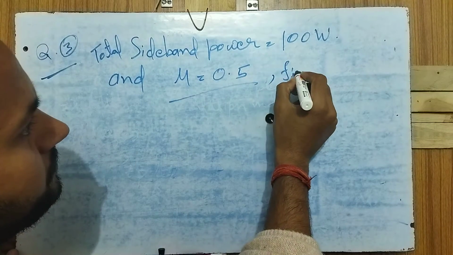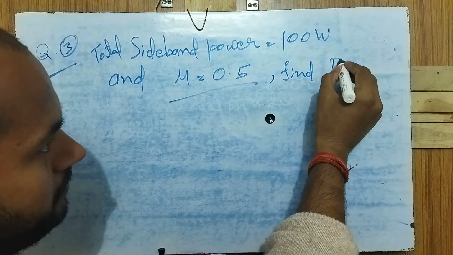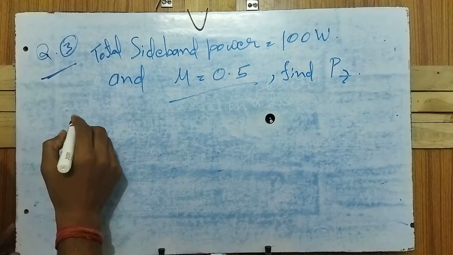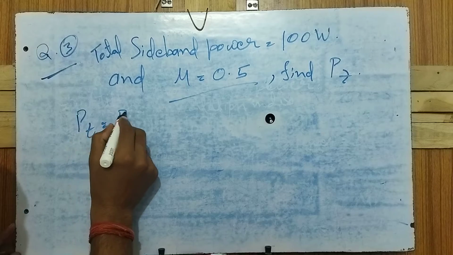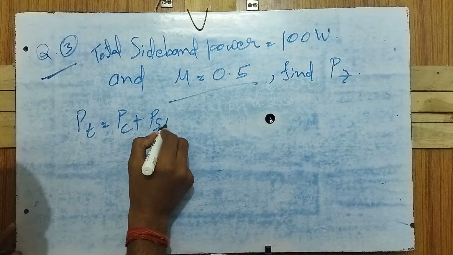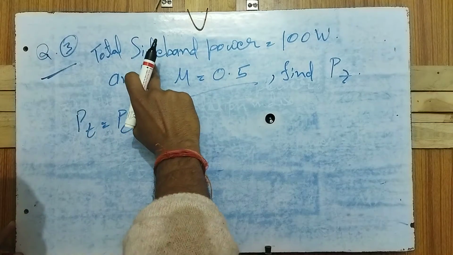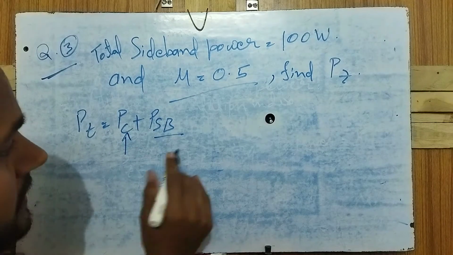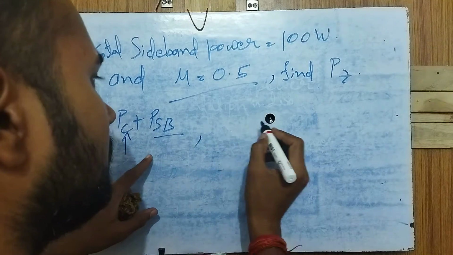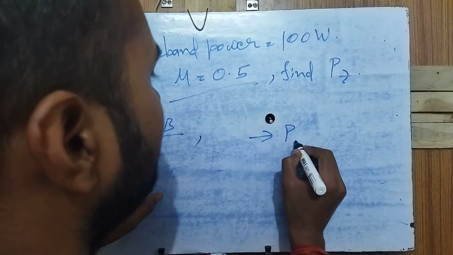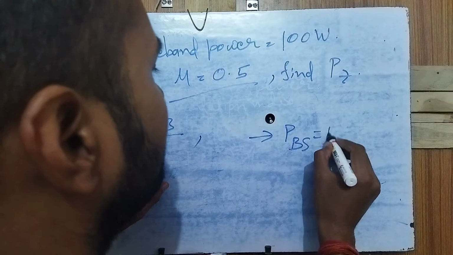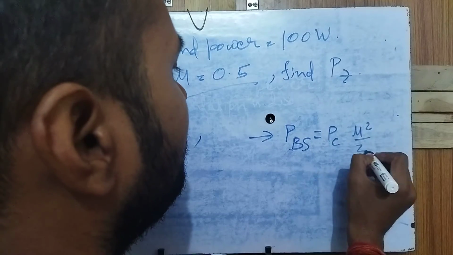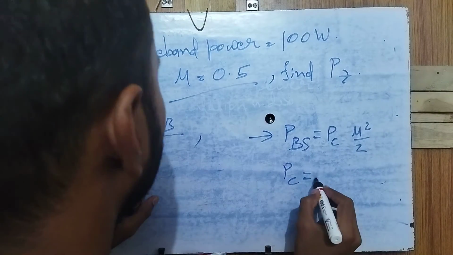Then find total transmitter power PT. What will be PT? PT will be PC plus PSB. We have total sideband power PSB, so what we need is carrier power. We know the relation between PSB and PC: PC into mu square by 2.